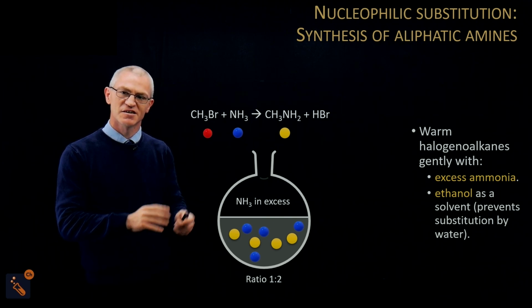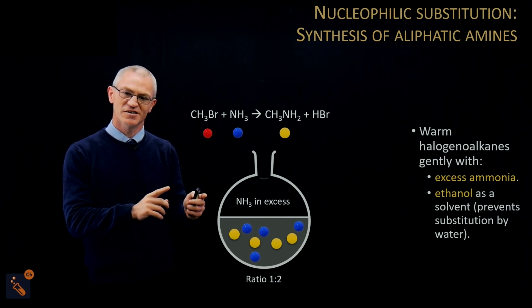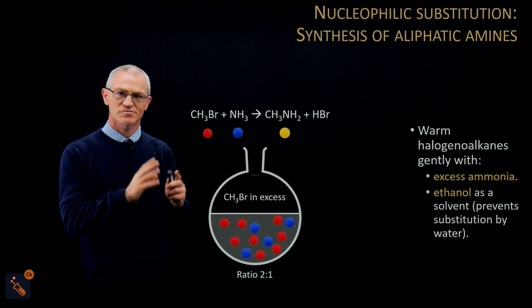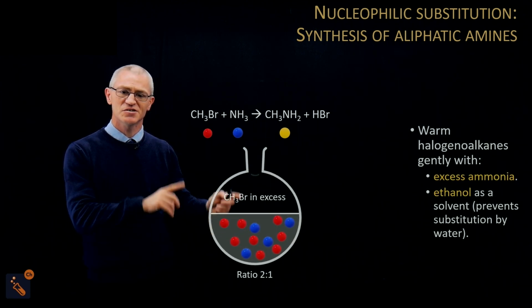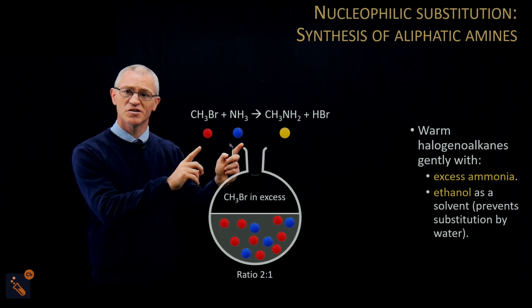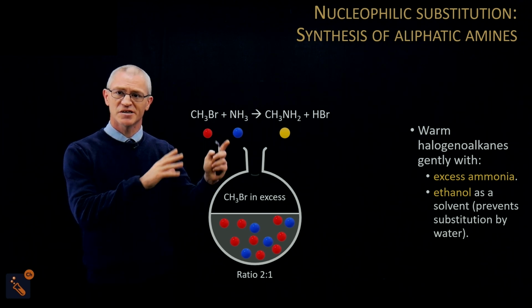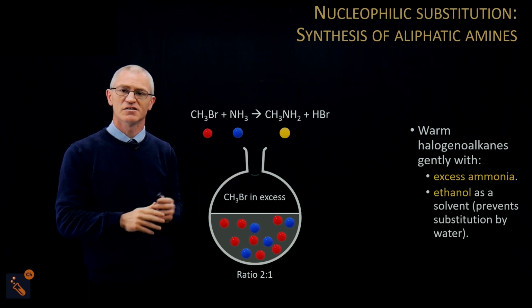But to prove that, let's look at what it looks like if the CH3Br is in excess. So if the CH3Br is in excess, we're going to do exactly the same thing. One of those and one of those is going to make this. Okay, so one of my halogenoalkane, one of my ammonia is going to make our amine.